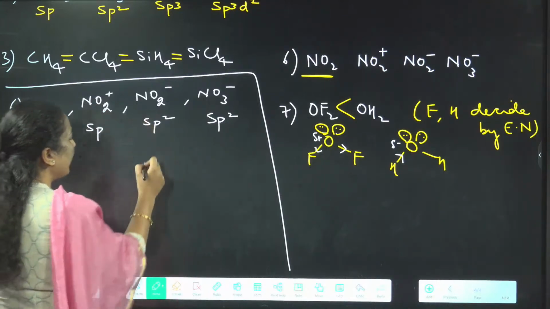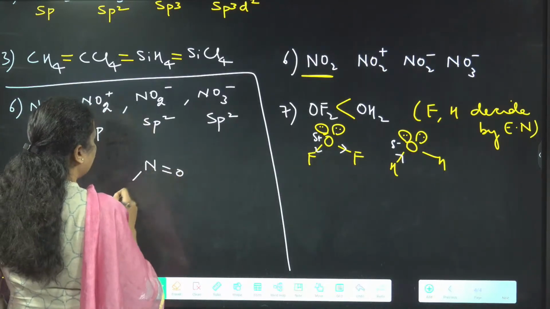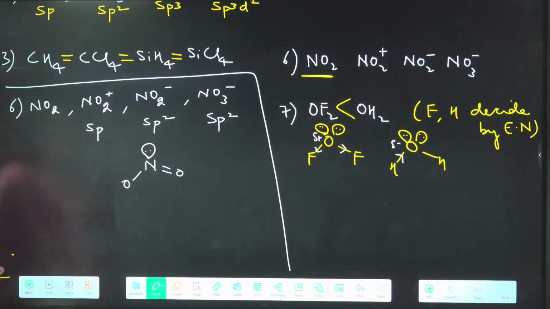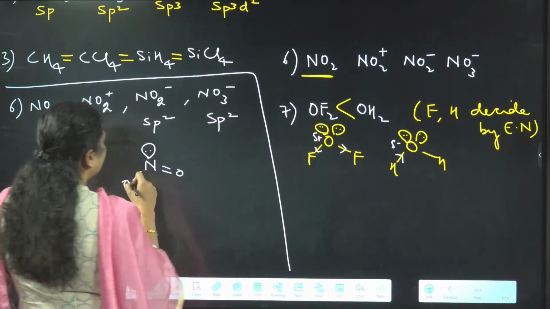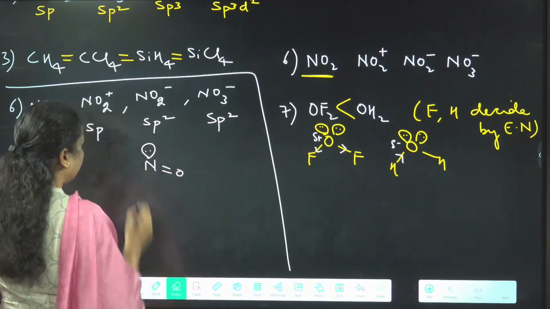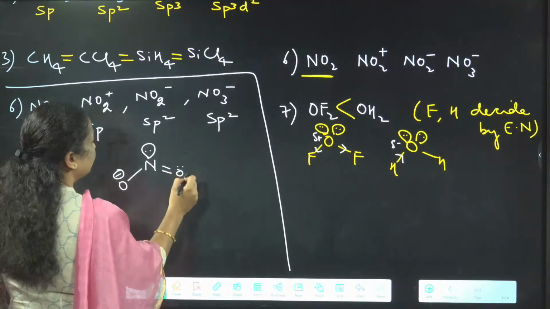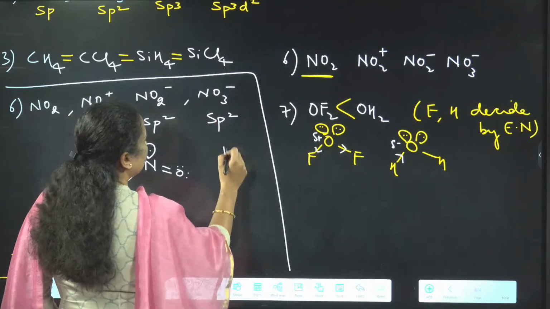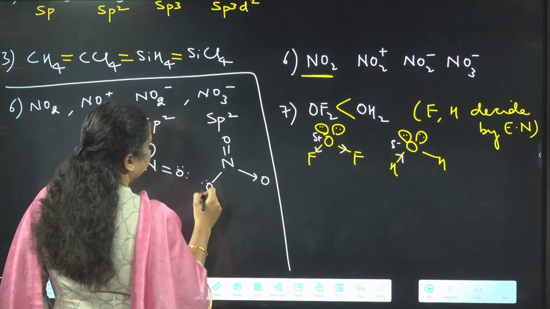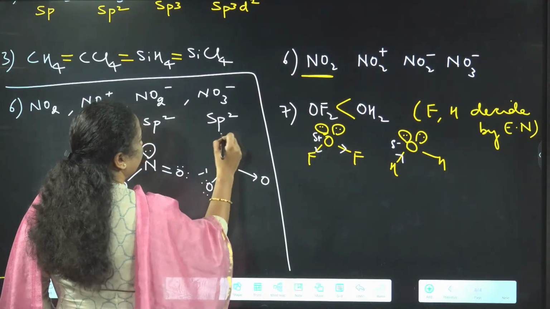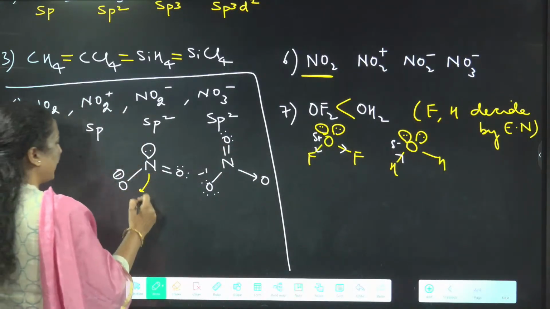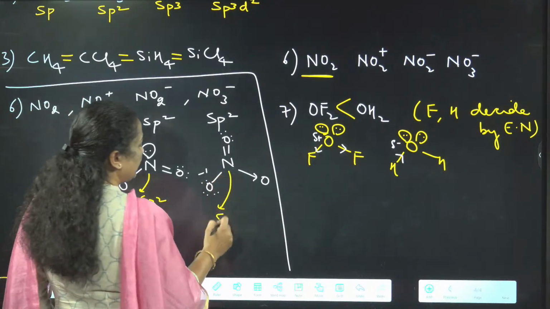Now when it comes to NO2 minus, you might have drawn the structure like this, right? Now, NO2 minus I am saying. In case of NO3 minus, are you having this structure? Now in this case, both of them are sp2 hybridized, the central atom is sp2 hybridized.